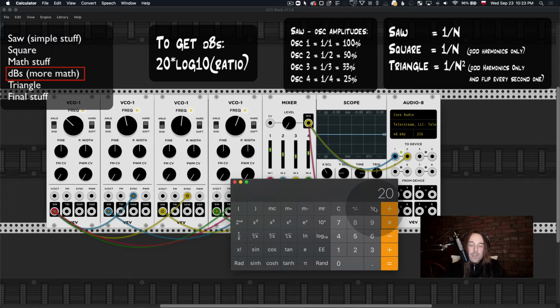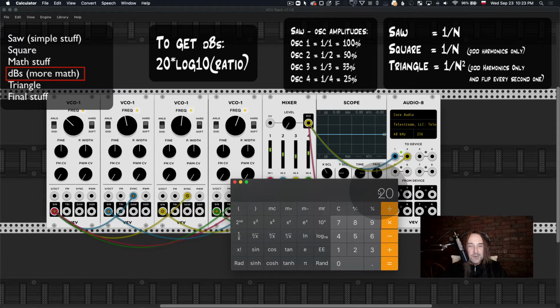Little comment here. Those of you who are in electrical engineering and physics and stuff like that might have seen formulas for decibels in certain scenarios where you multiply not by 20, but by 10. For now, just trust me.